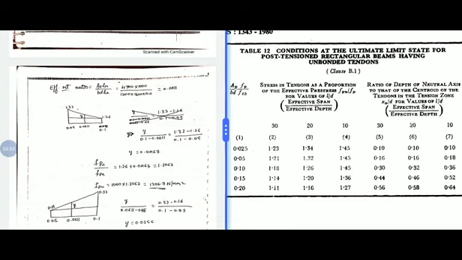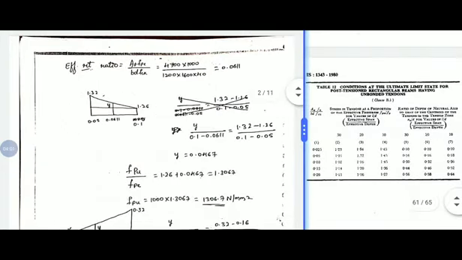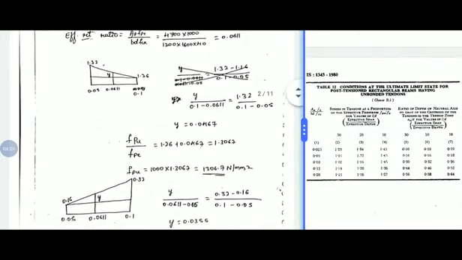Same way for XU by D ratio, refer column number 6. For 0.05 it is 0.16 and 0.1 it is 0.32. Now we need to interpolate for 0.0611.